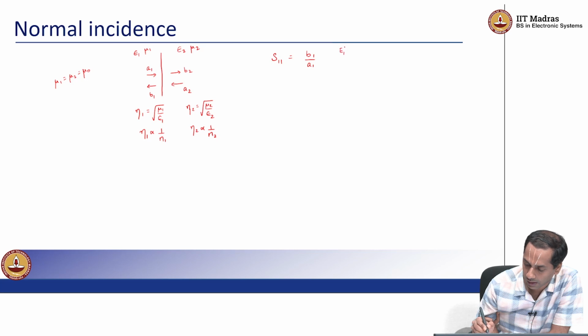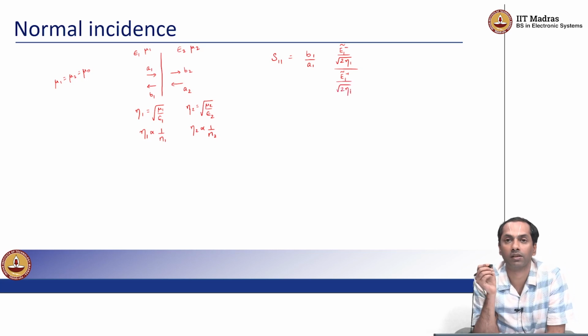E1 minus divided by square root of 2 eta 1 divided by E1 plus by square root of 2 eta 1. Since the wave impedance is the same in a single port, in a given port, right, the two denominators would cancel.